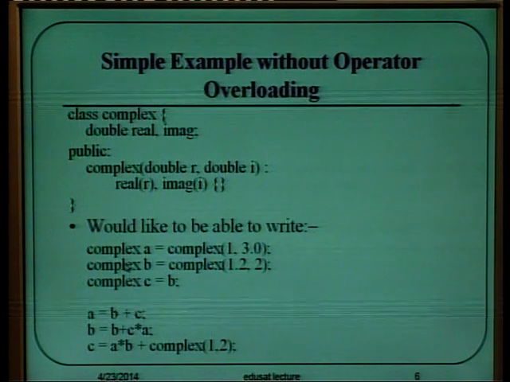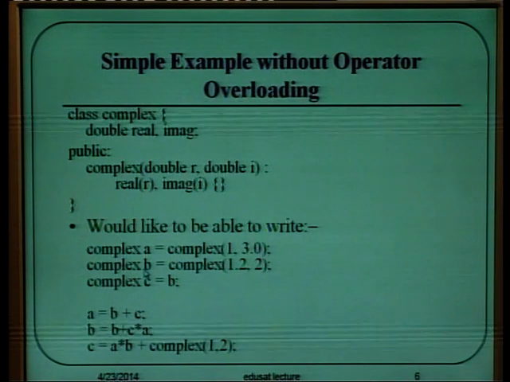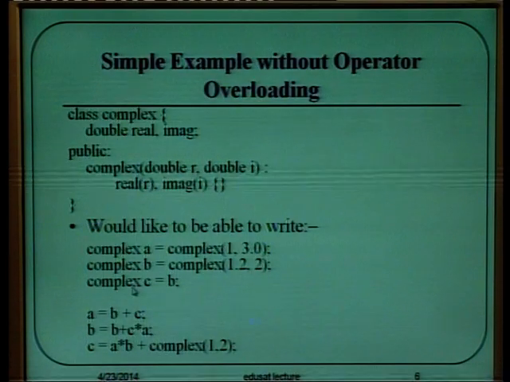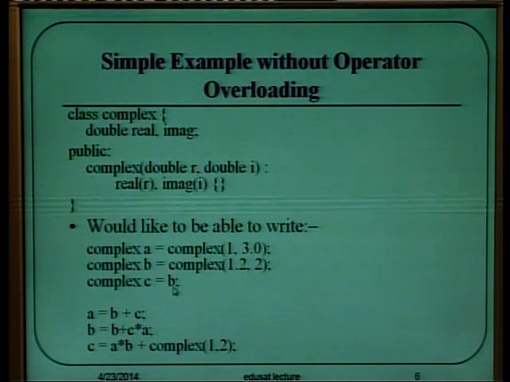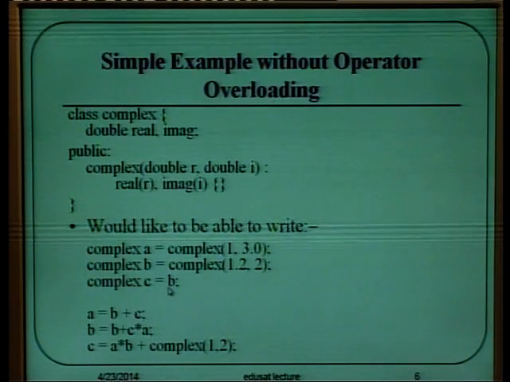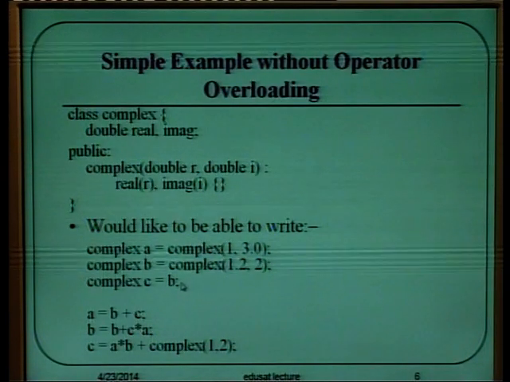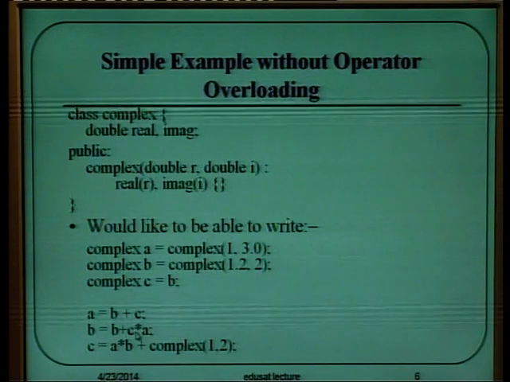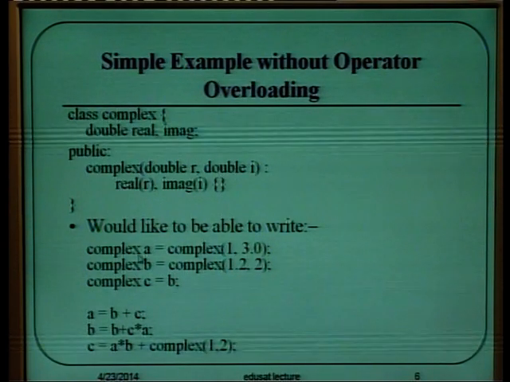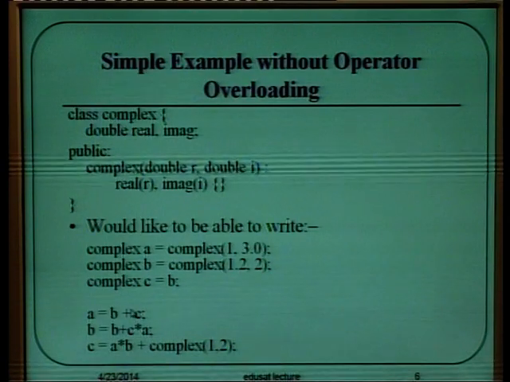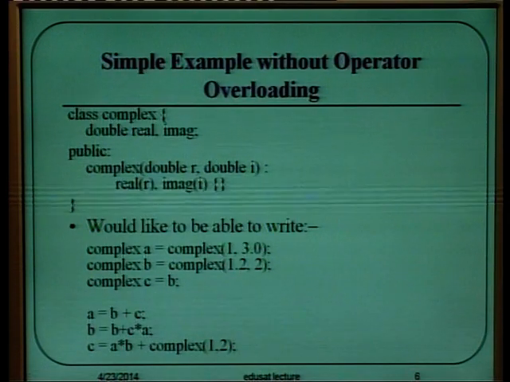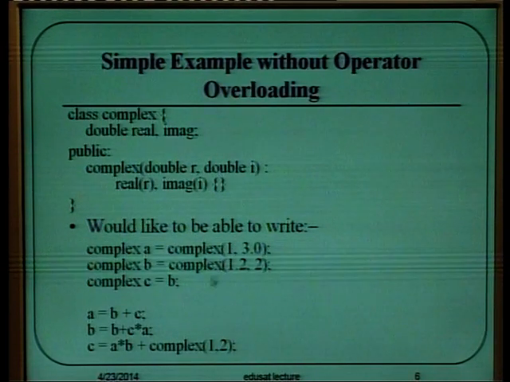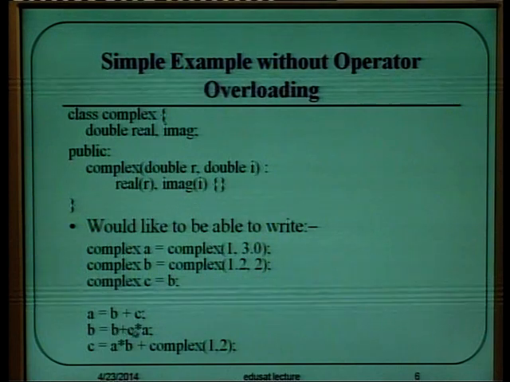In the same case, we take a second object and its values, and a third object, and in the third object we pass the values of the second object, and on that we perform a simple addition using two objects. That means two objects are added. In this we are working without operator overloading.